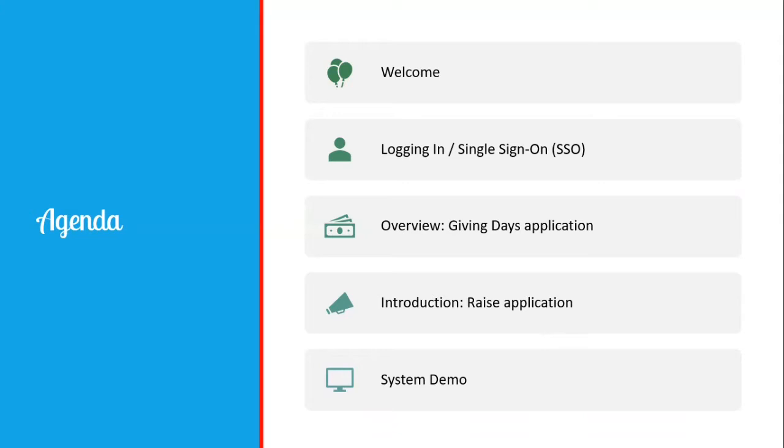There's now two applications that work together, so when you log in, there's two fully integrated software systems that are working together to provide that cohesive Giving Days experience for you. After that, we'll dive into the system and I'll log in as a nonprofit user, just like you, with an example profile to kind of connect the dots on how everything works.